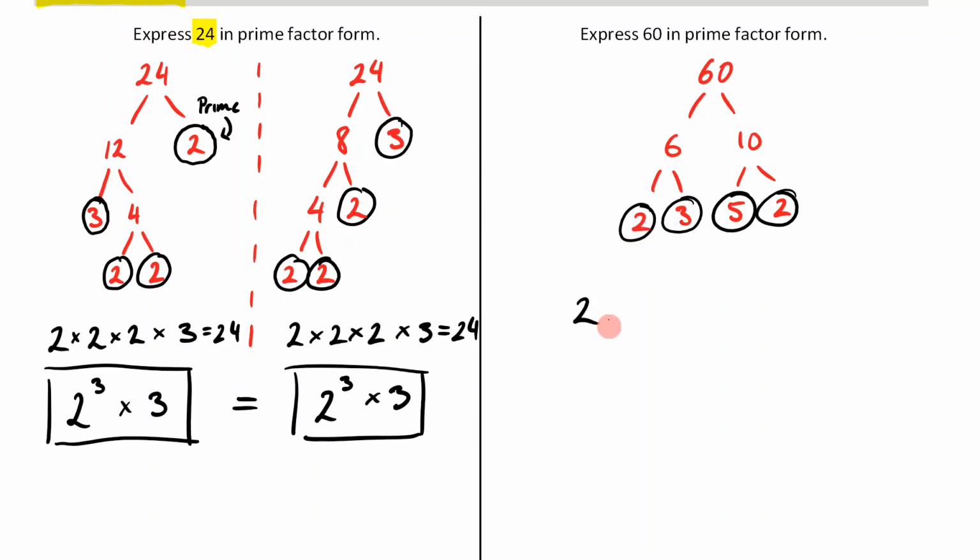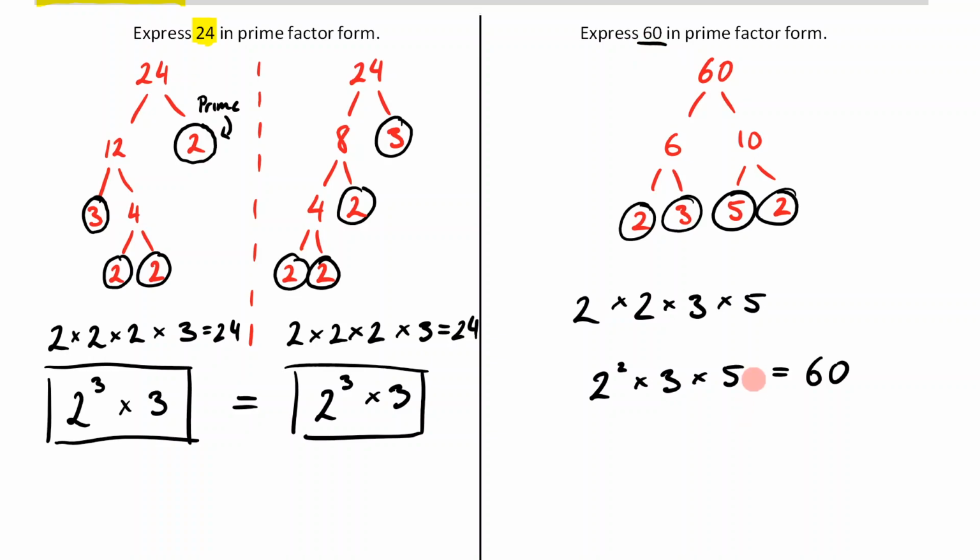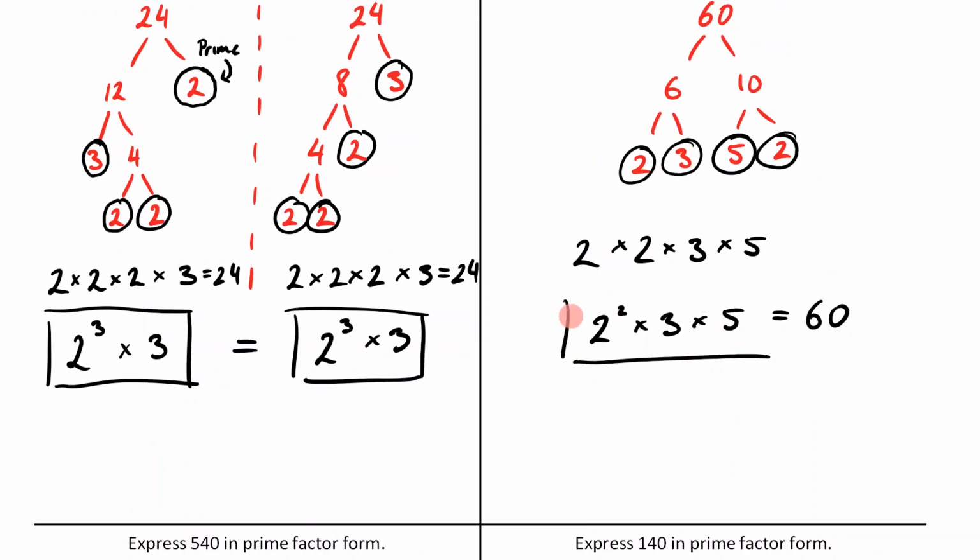So I have 2 times 2 times 3 times 5. That is 2 squared times 3 times 5. Remember, our prime factor form is equal to what we originally had, so that's equal to 60, and that's the best way to write it, like that. 2 squared times 3 times 5.